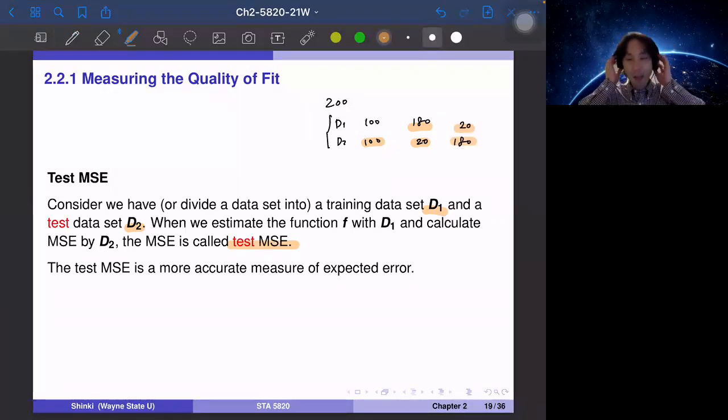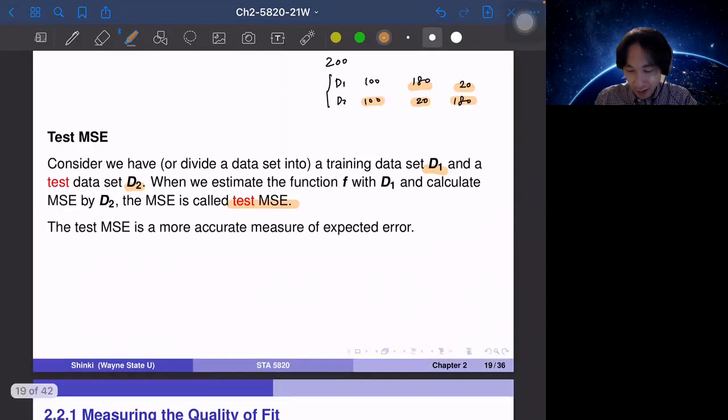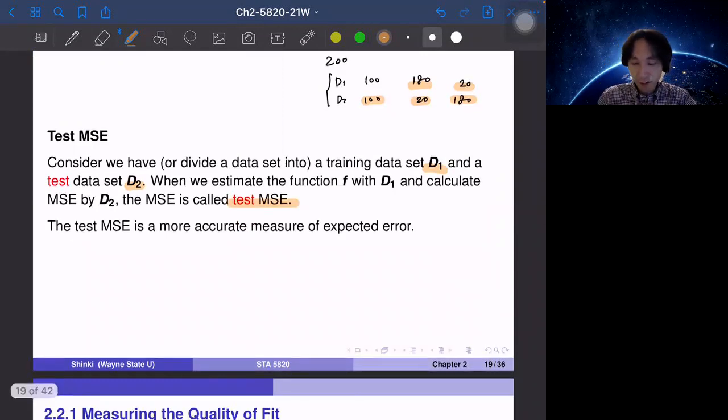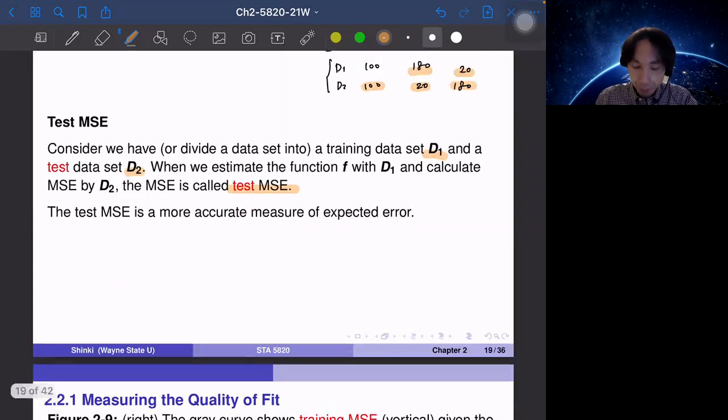Conceptually, we have to use test MSE, but to do that, we have a smaller sample size. Cross-validation and bootstrap methods improve that situation, but basically we have some trade-off. Conceptually, test MSE is better, but if we have a limited amount of data, then we have to decrease the size of the training set.